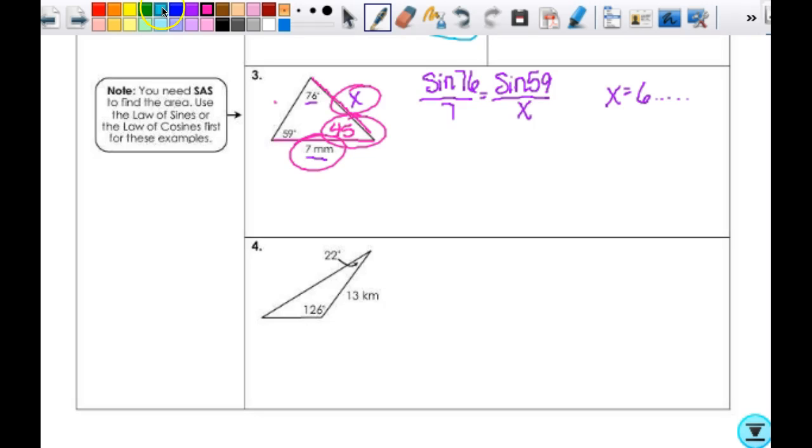Okay, so then I need to put this into the area formula of my triangle, which is going to be 1/2 times x, which is I'm just going to use x out of my calculator, times 7 times the, is it sine or cosine in the formula? Sine of 45. Just got to make sure that you're using the numbers that jive with what you're doing.